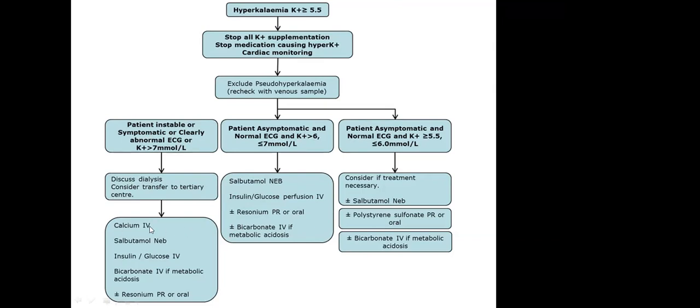Immediately give IV calcium gluconate for membrane stabilization, salbutamol nebulization for mobilization of potassium into the cell, and insulin glucose again for mobilization of potassium. Give bicarbonate because it will normalize the metabolic acidosis environment and prevent an increment in intracellular potassium level. Per rectal, you have to consider potassium binders like Kayexalate.